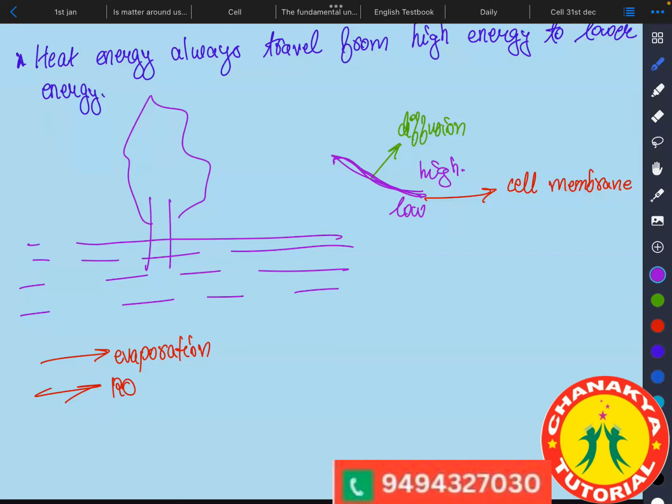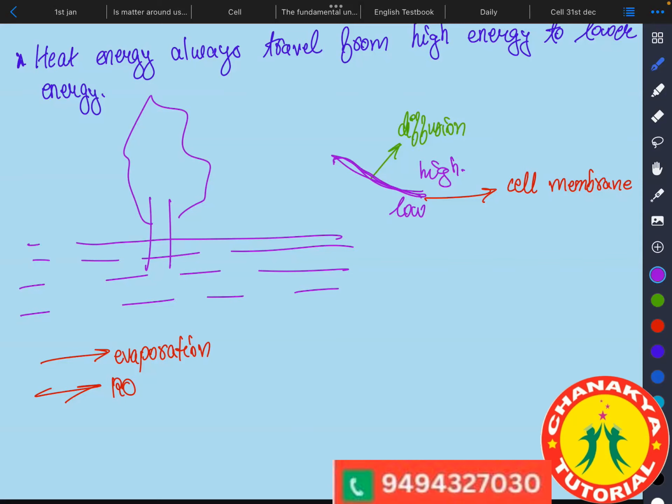The root hair absorbs the groundwater through osmosis, and then this is transported to the leaves through the xylem. This is because of the suction pull. And there is also root pressure: suction pull and root pressure.